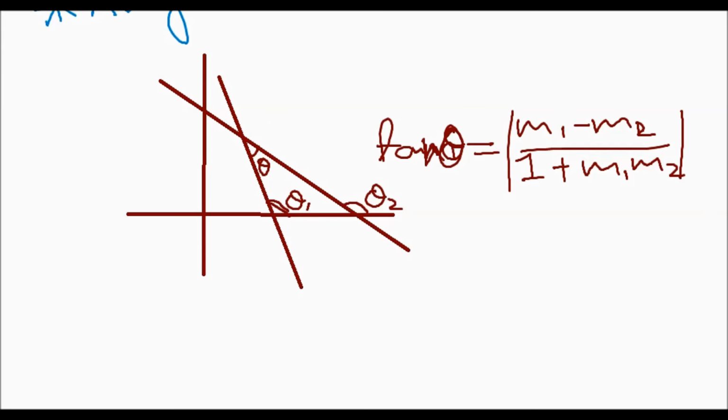Sometimes we find the value of the external angle, but we just want the internal one. So we change it into positive, put it in, and find the value of theta.